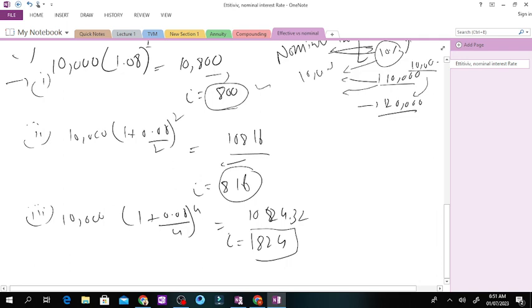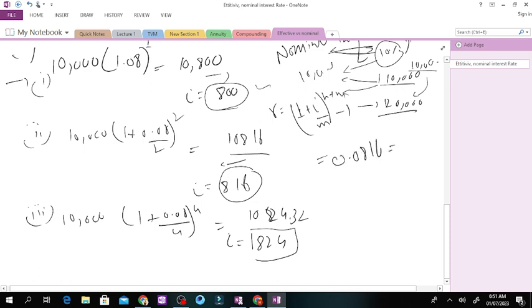So if we want to calculate the effective interest rate, the formula is R equals (1 plus i divided by m) to the power m, minus 1. So if you are in a semi-annual system, then the rate you would get is 0.0816.